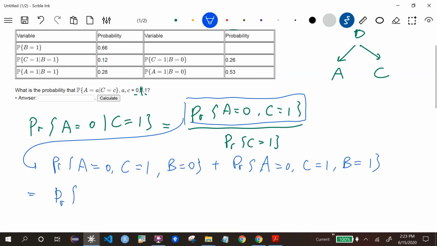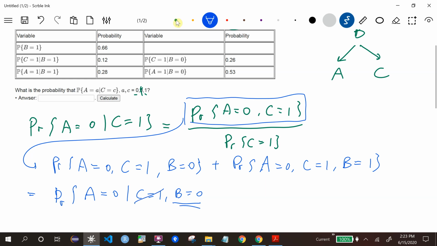Remember in class, the joint probability is just the product of all the variables given their parents. So let me explain that again. We can decompose this into A given C is 0 and B is 0. But given B, A and C are independent.